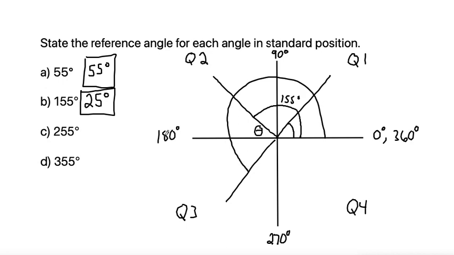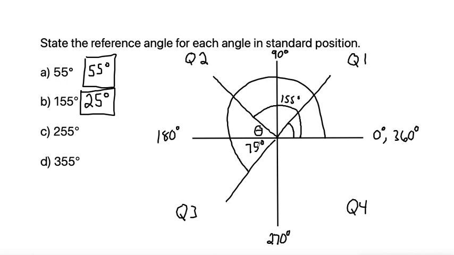So how much further past 180 did we go? Well, 180 plus what is 255? We can find that by doing 255 minus 180, and we get that this angle right here would need to be 75 degrees, because 180 plus 75 more makes 255.